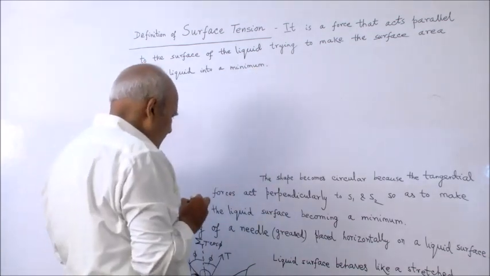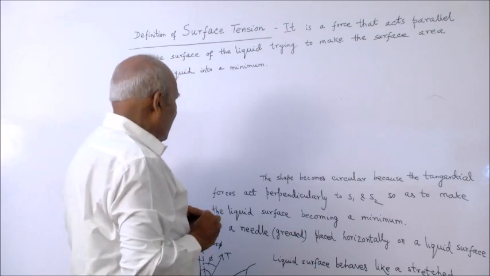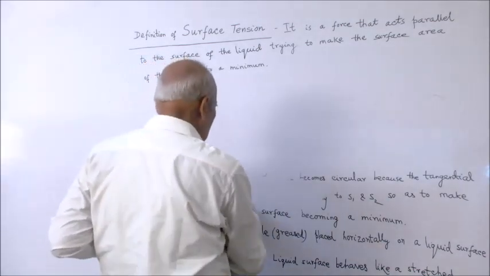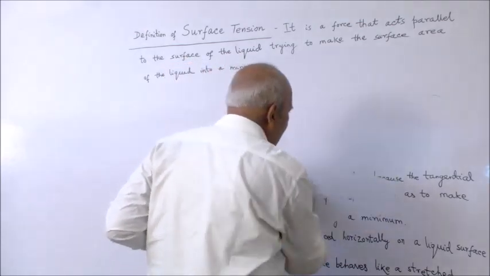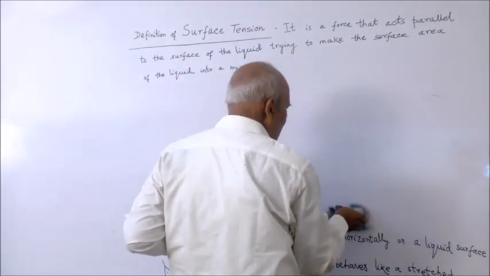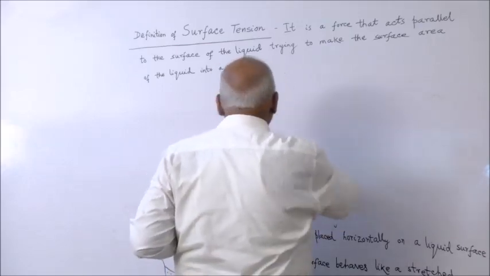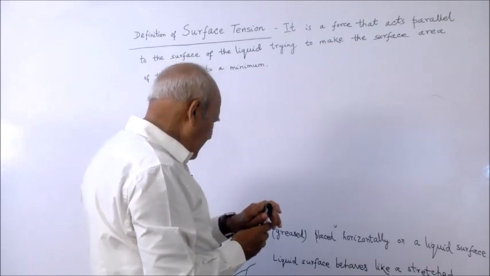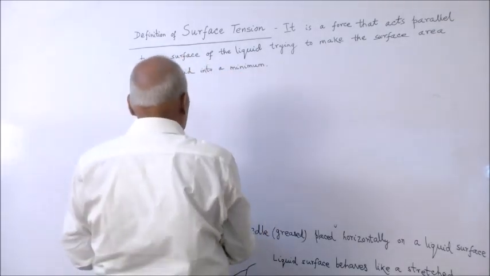So, this is about the qualitative aspect, that is, what surface tension is: a force that acts parallel to the surface of the liquid, trying to make the surface area a minimum. That is about the nature of surface tension. Then how to measure surface tension?